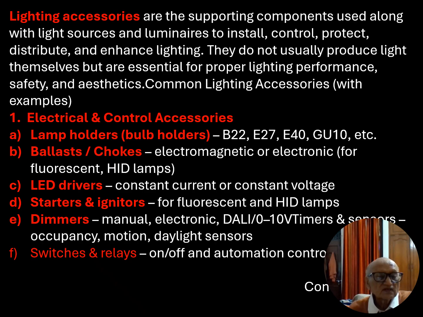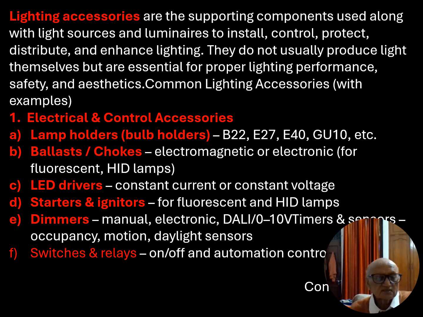are electrical and control accessories, lamp holders, that is bulb holders of different type, and then third, ballast and chokes, electromagnetic or electronic for fluorescent or HID lamp. There are different type of ballast used for this.